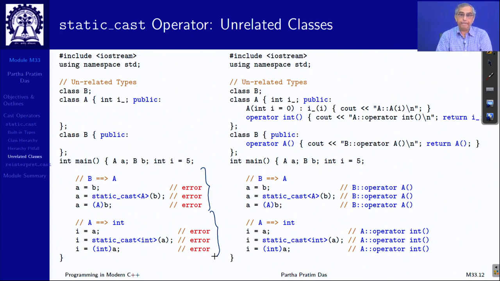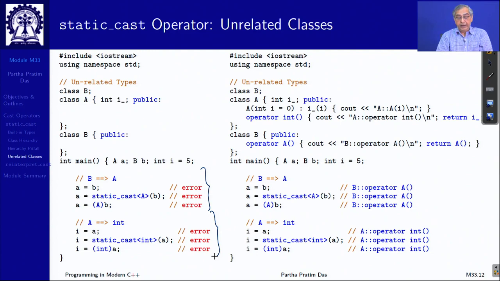Now, when you convert int to A, you know how to do it by providing a constructor, which takes an integer and gives you an A. What do you do if you have to convert from A to int? You cannot provide a constructor in the int type, which takes say an A object and gives you an integer, right? You do not have that option, it is a built-in type.